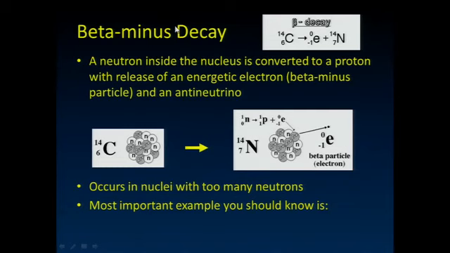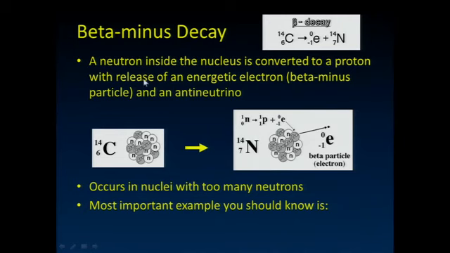Beta minus decay. In beta minus decay, a neutron inside the nucleus gets converted to a proton. So right away, remember, this must be occurring in nuclei that have too many neutrons relative to their protons, because to become more stable, one of the neutrons in the nucleus is going to get converted to a proton.